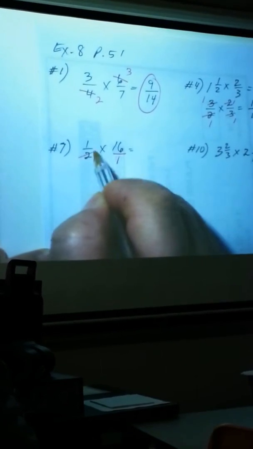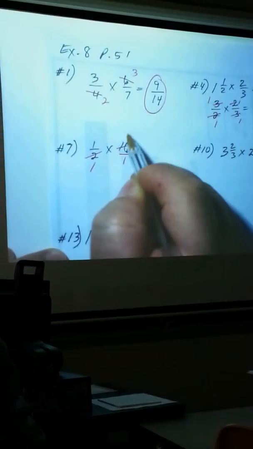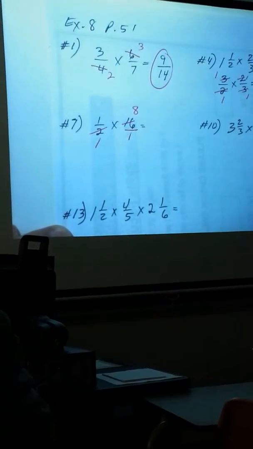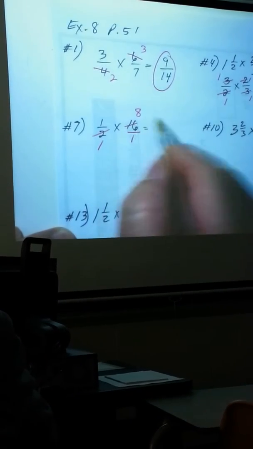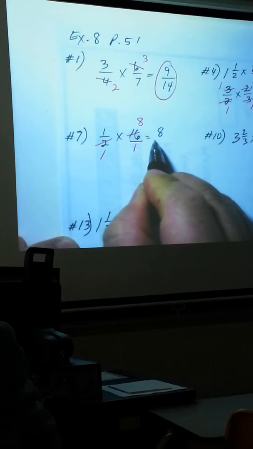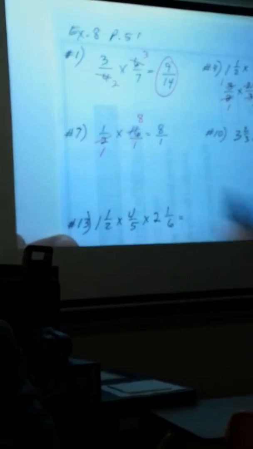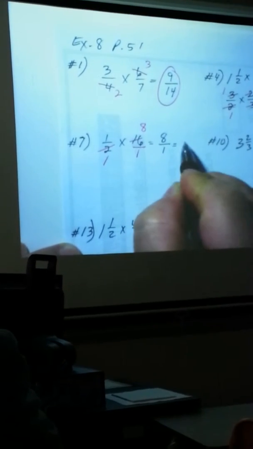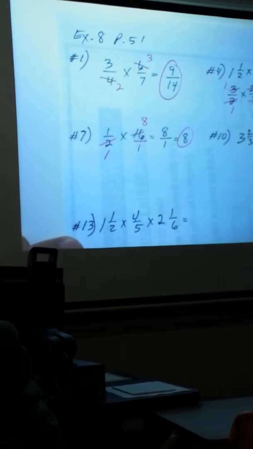So 2 goes into 2 one time. 2 goes into 16 8 times. So no more. Multiply across. 8 times 1 is 8. And 1 times 1 is 1. 8 over 1 is an improper fraction. Divide 8 by 1, you get 8. So 8 is your answer.